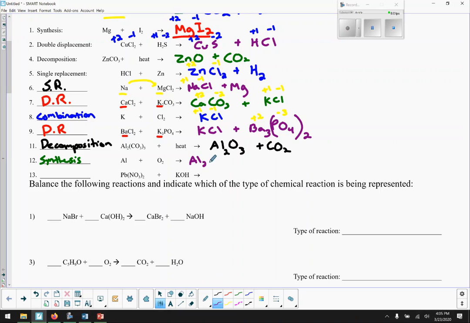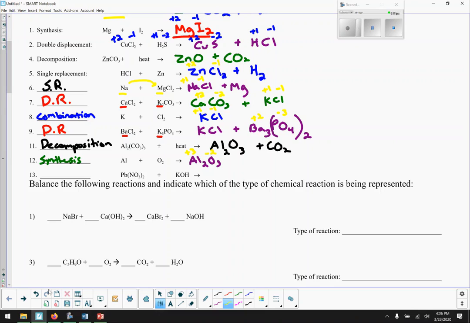And just as the previous one, it'll be Al2O3. The reason for that, aluminum is +3, oxygen is -2. So again, you're going to +6 and -6 in order to balance it. So that 3-to-2 ratio.